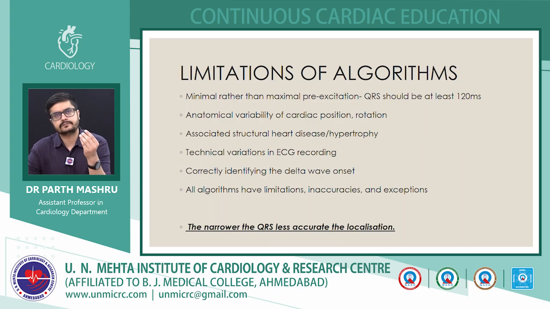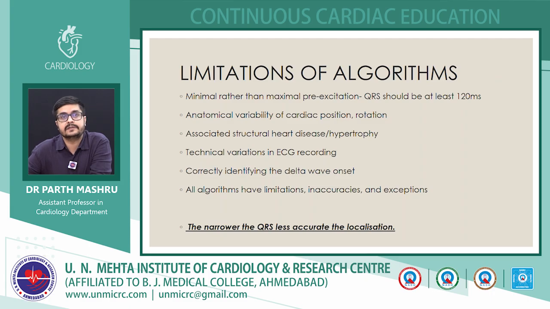I will show you the most accurate and most widely used algorithms, but before that we need to understand the limitations of the algorithms. First of all, the algorithms work best and are most accurate when there is maximum pre-excitation, so the QRS should be at least 120 milliseconds. Another limitation is that there can be anatomical variability of cardiac position, rotation, etc., where the algorithms won't work accurately. If the patient has associated structural heart disease or hypertrophy, again the accuracy will be limited.